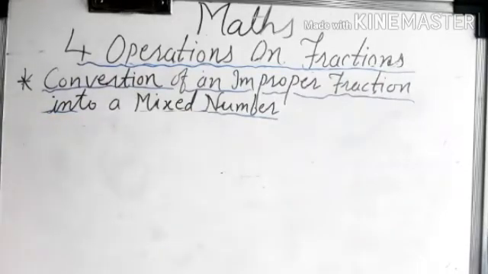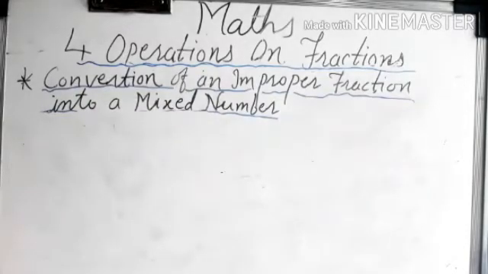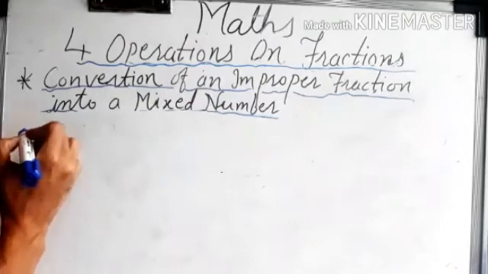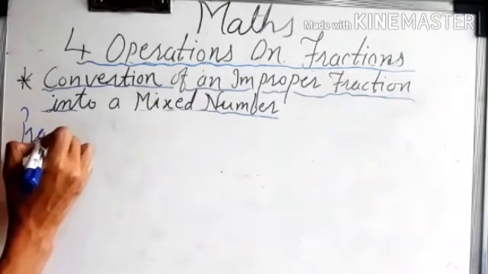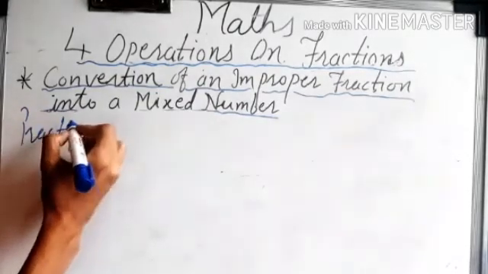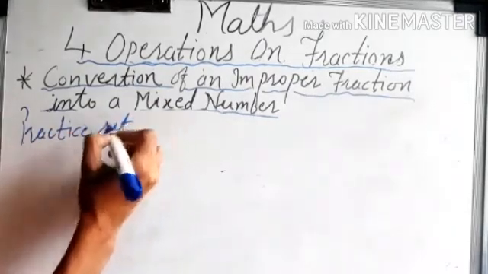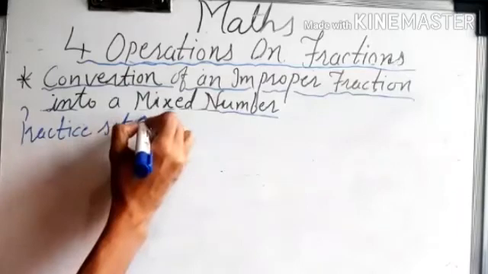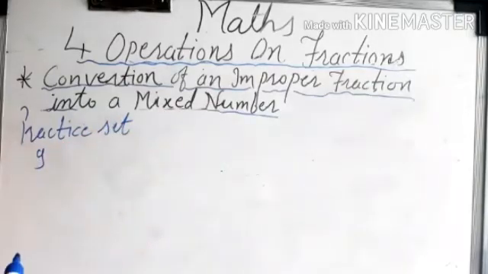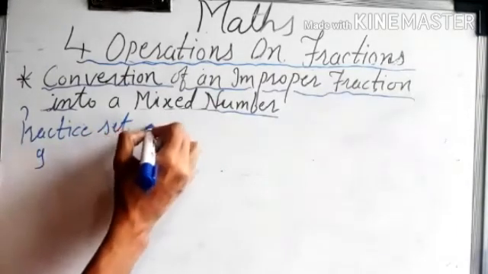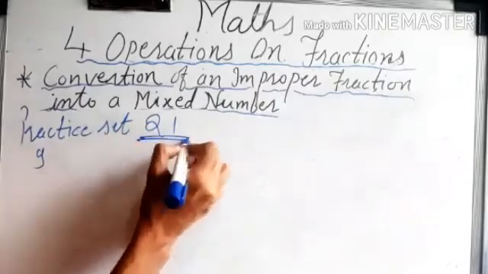And now let's see some examples of how to convert an improper fraction into a mixed number. For example, I am taking practice set 9, question 1.